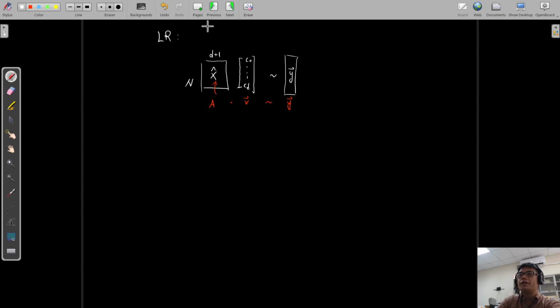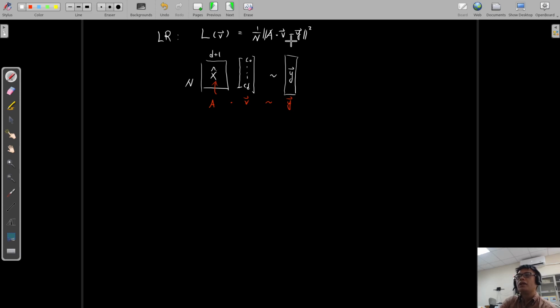And formally, there is a loss function that depends on v, and it is a times v minus y, and we want to take the square sum, the norm of that. You can imagine that it is taking the difference of this and then taking the square, and the difference of this and then taking the square. So this is actually the sum of the squares. And actually we want the mean of all these square errors.